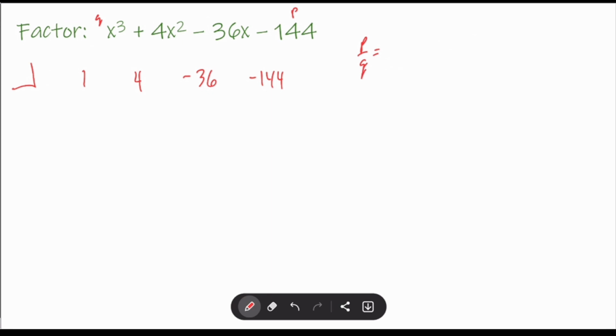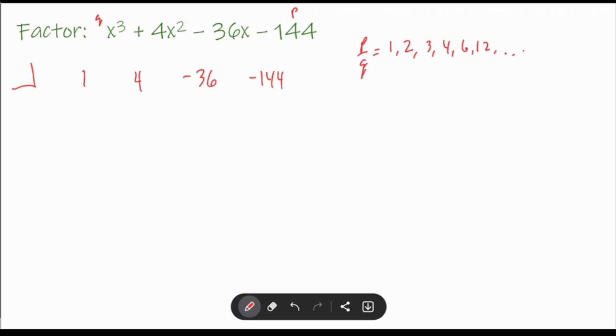So there are a lot of factors of 144 because it's divisible by 1, by 2, by 3, by 4. What else? It's divisible by 6, and also by 12, and 144, 48. Yeah, so there are many numbers to use.